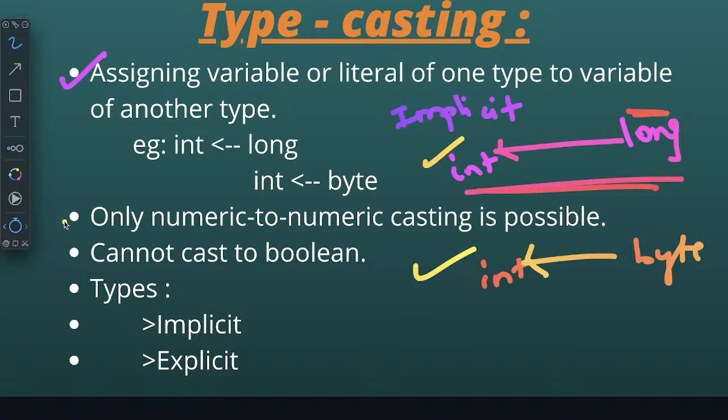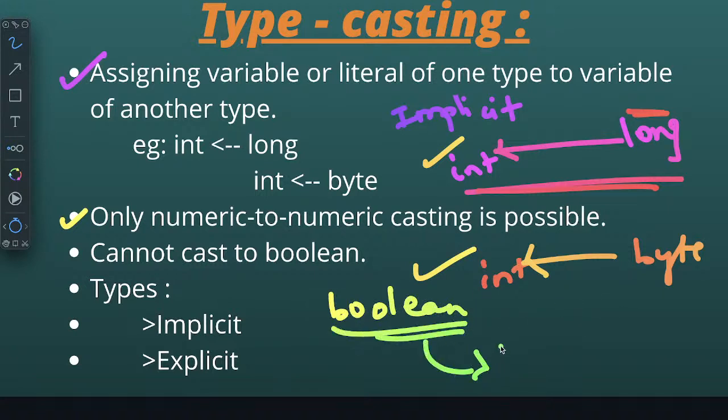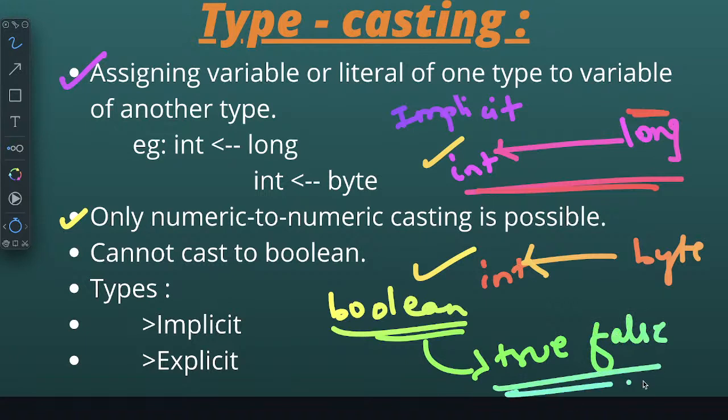One thing you need to know is that only numeric to numeric typecasting is possible. The reason is, can I cast anything to boolean? Your answer will be no, because boolean can store only true or false. Among the data types we have discovered till now, only boolean stores only 2 values, that is true and false. Anything other than true or false cannot get stored in boolean.